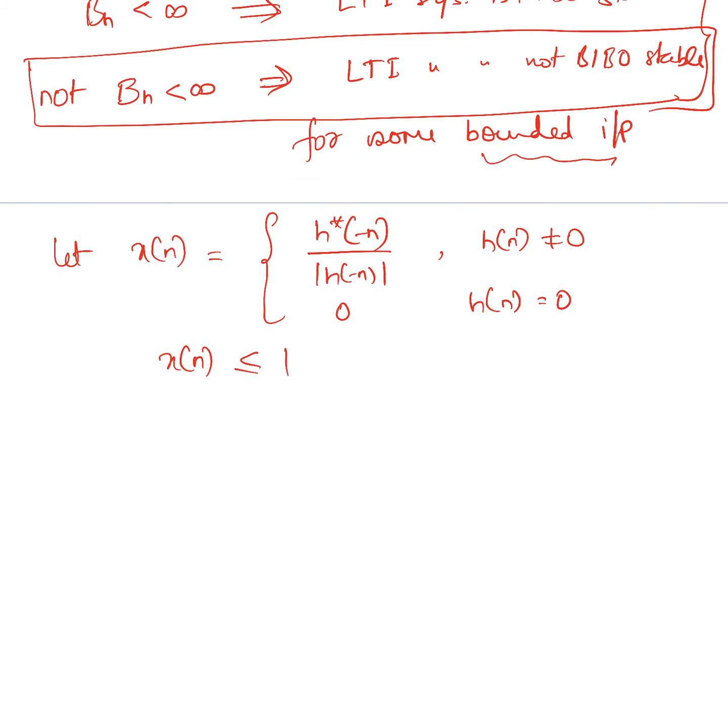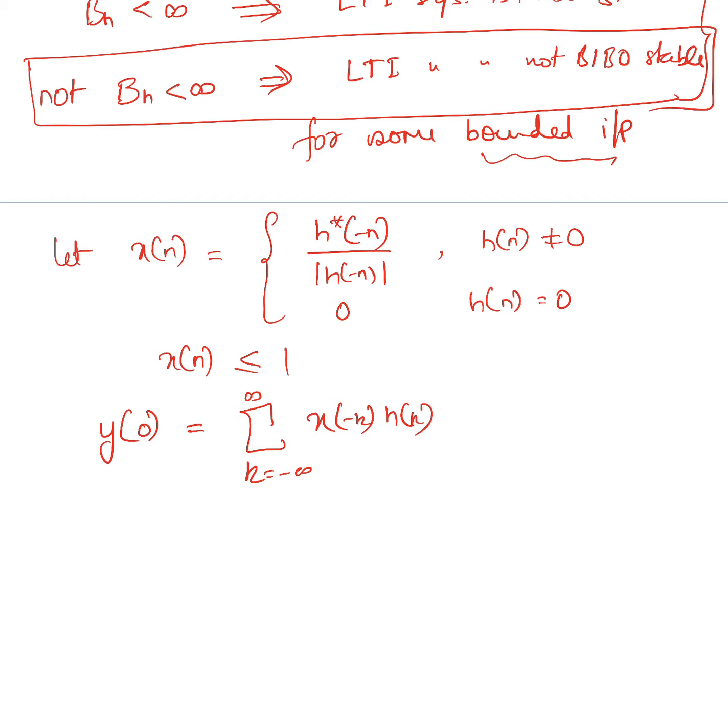Once again, let's write the output response y, and we are interested in computing the value at n equal to 0. So y of 0 can be written as the summation over k from minus infinity to infinity of h of k x of n minus k. Since n is 0, it would be only minus k and h of k.